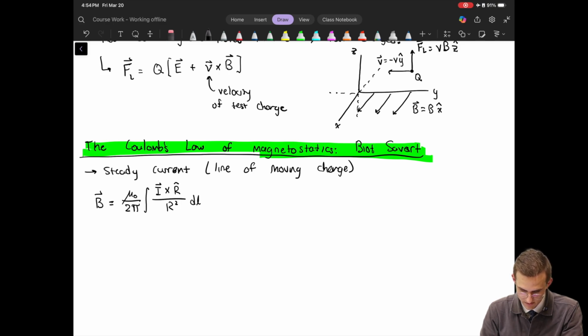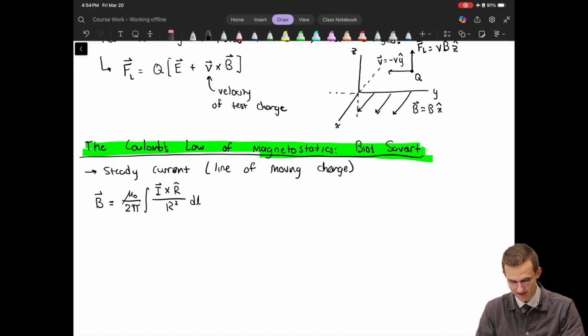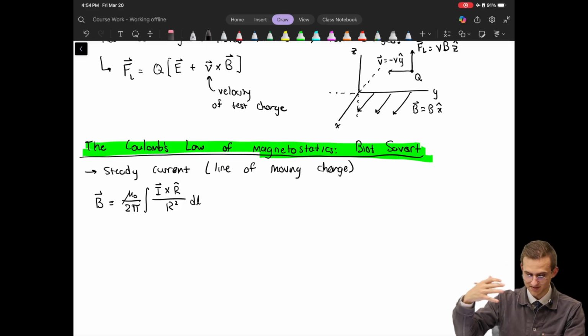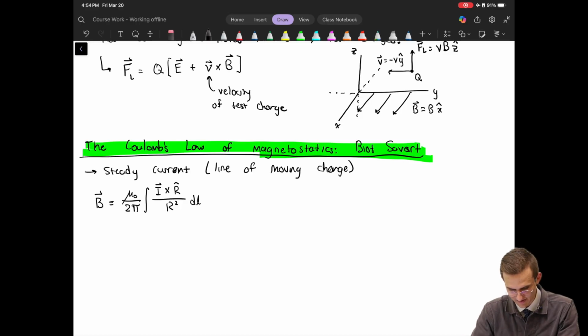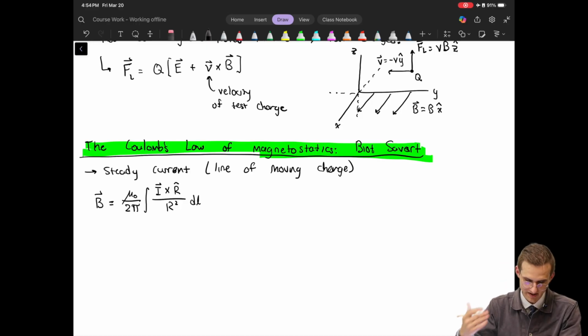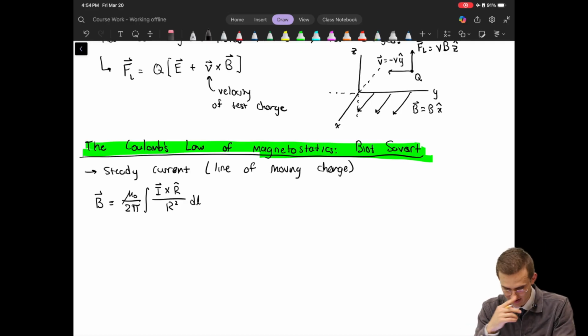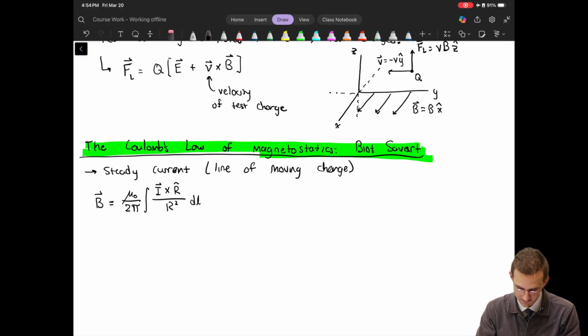And like I said, it looks almost like Coulomb's law, right? You're just taking a test current and getting a B field by multiplying it, in this case in a vector fashion, with r hat over r squared. Okay.